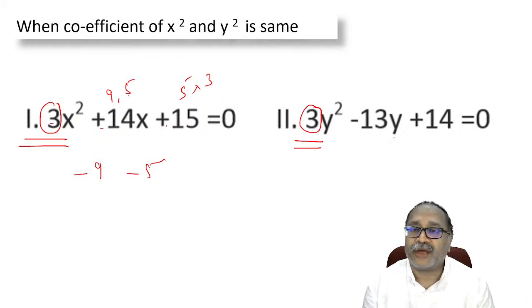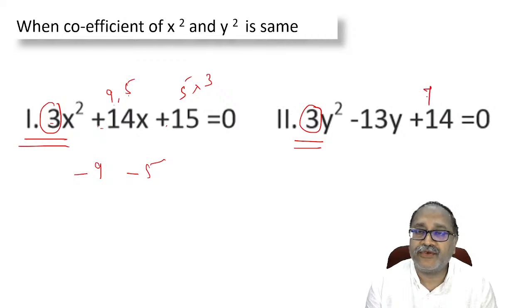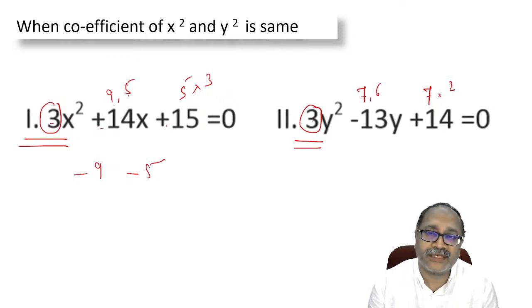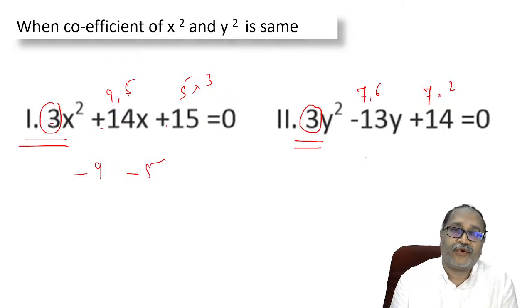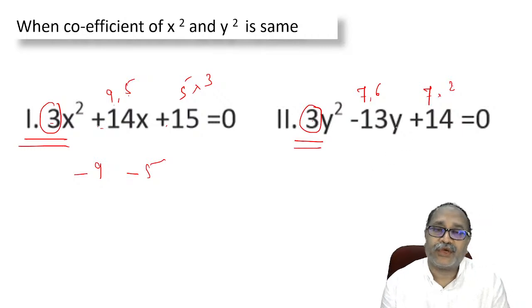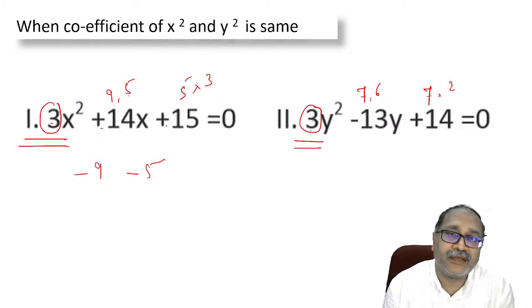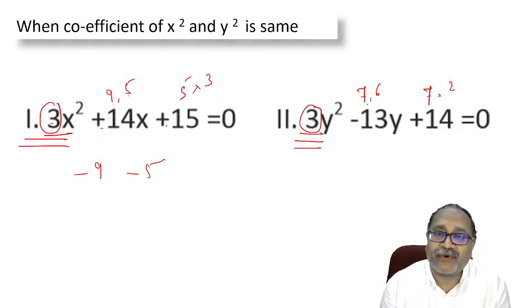Now coming over here, that's 7 into 2. 2 into 3, that's 6. So I will write this as 7 and 6. Hope you are understanding. So the 7 divided by 3, no, here 3 and 3 are same. Therefore, y1 I can directly take as 7 and y2 I can directly take as 6.